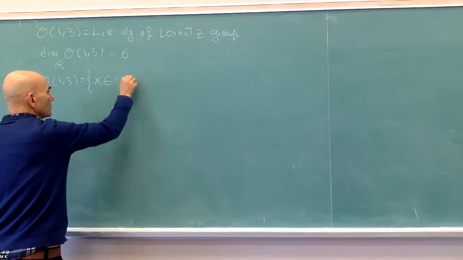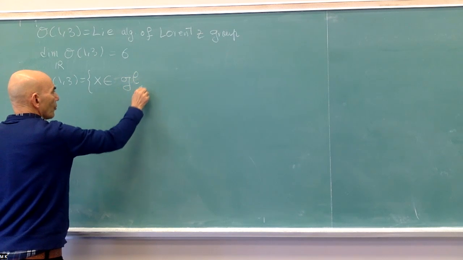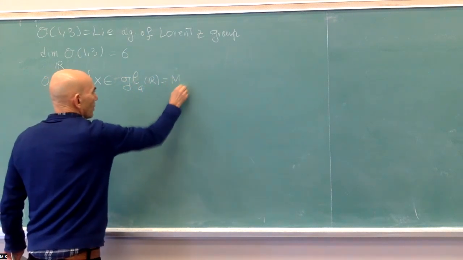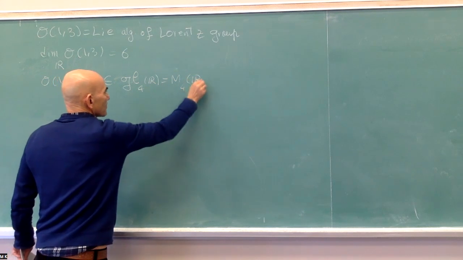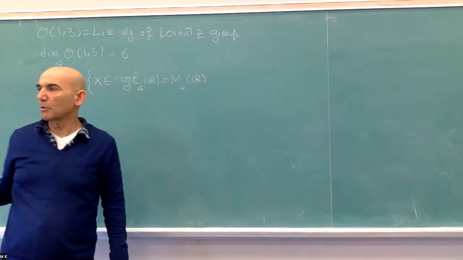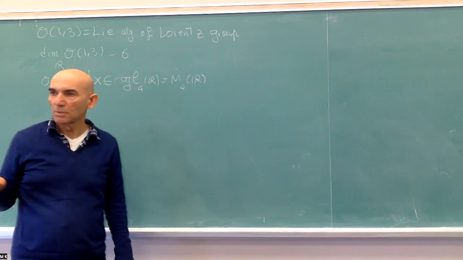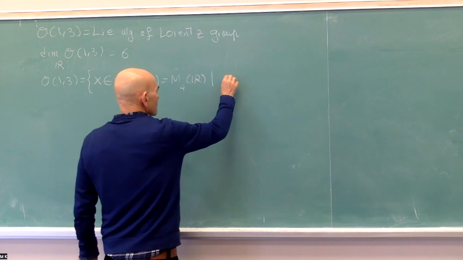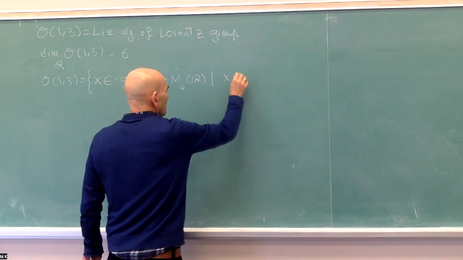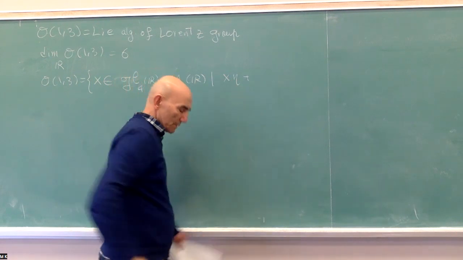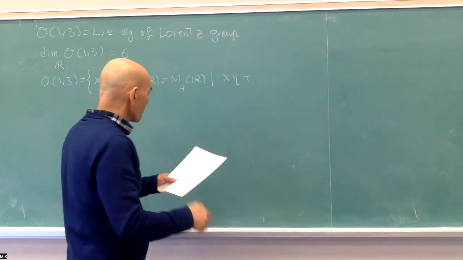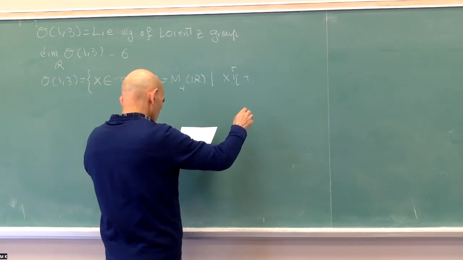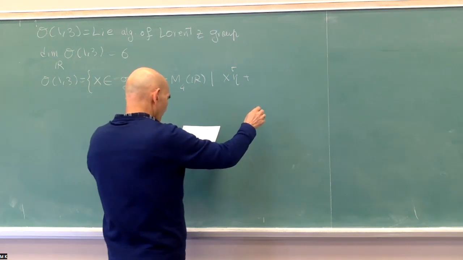Sometimes you just write gl for this, really gl4(R), because we are not talking about the group, we are talking about the algebra. Such that X transpose eta plus eta X equals 0.